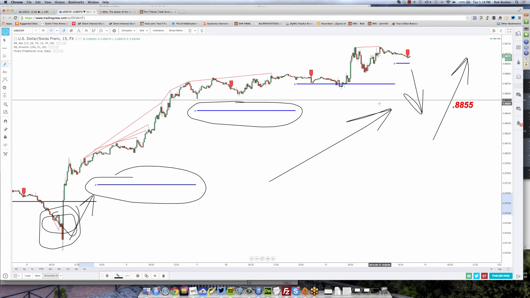That's what we are looking for over here, as soon as possible. We believe that first we will drop and then we will go upward again. I like this trade a lot. This is actually the number one trade that I am looking for right now across all of my charts.